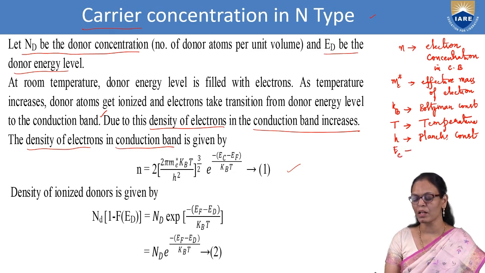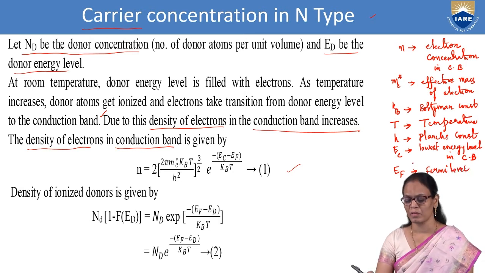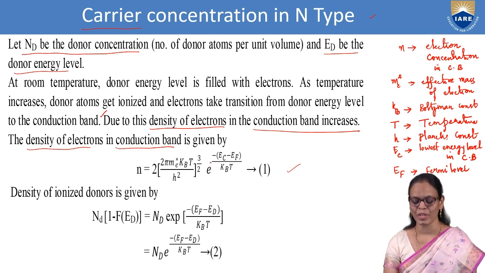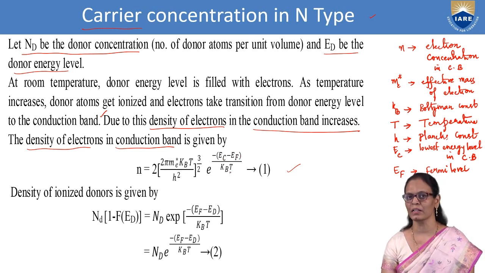Ec represents the lowest energy level in the conduction band. And Ef represents the Fermi level. So we are going to use the same terms in the derivation, so you need to understand what they represent. So n equals 2 into (2 pi me* kB T by h square) power 3 by 2 into e power minus of (Ec minus Ef), or we can simply write it as (Ef minus Ec) by kB T.